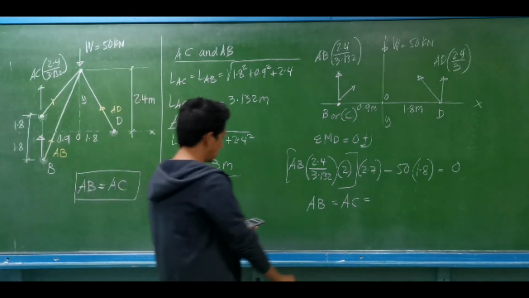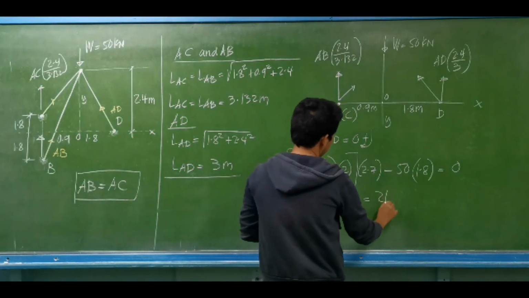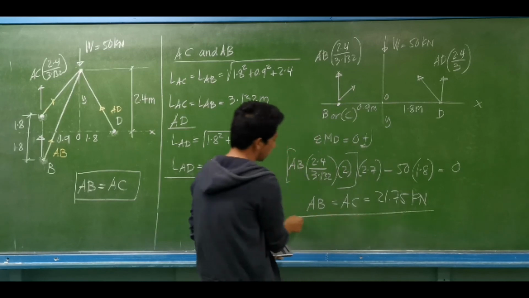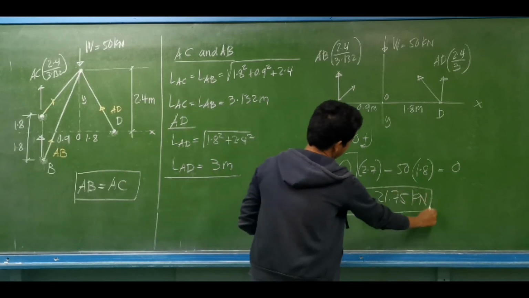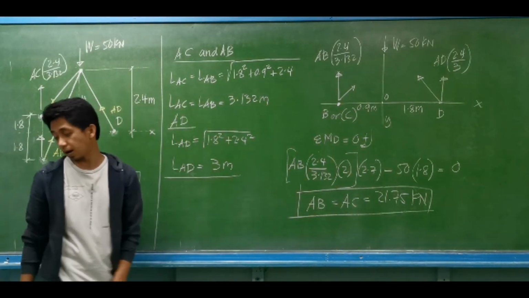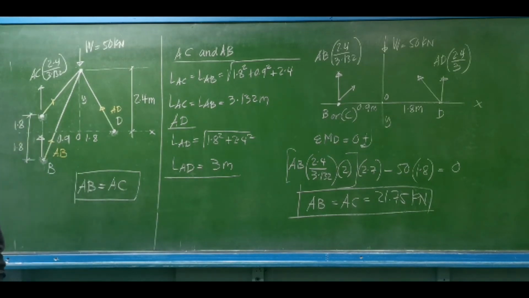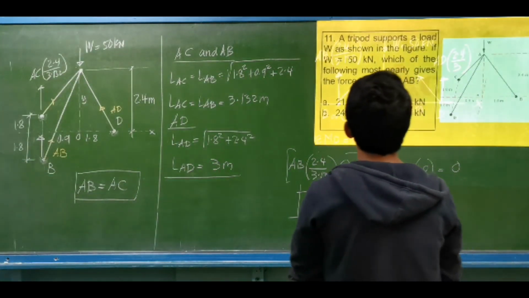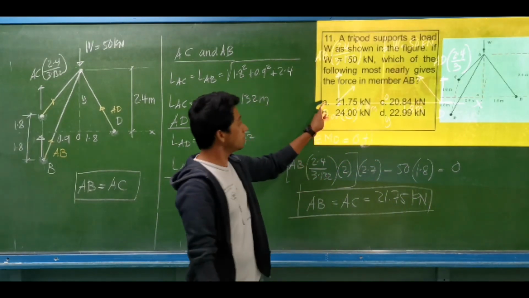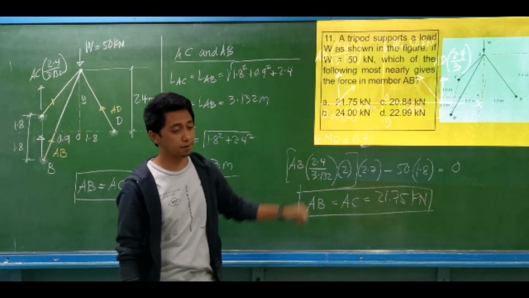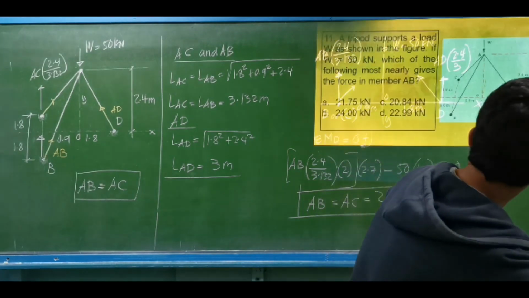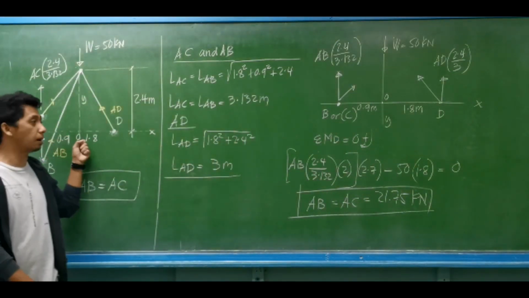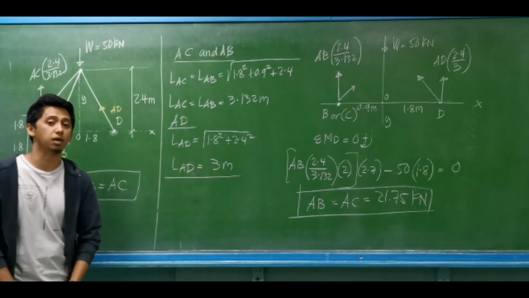So we have that value as 21.75 kilonewtons. That will be the axial force for member AB and also equal to the axial force for member AC. Let us check on our choices if we have that value. We have letter A, this is 21.75. So we are just converting three-dimensional problems to 2D for an easier analysis.